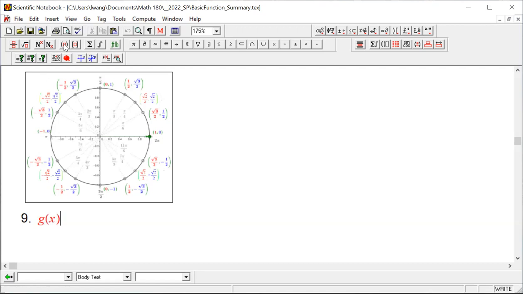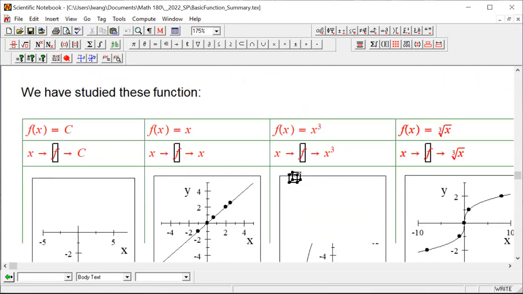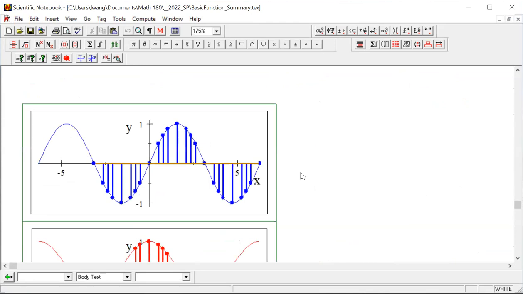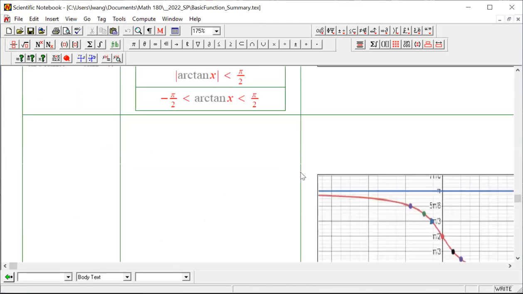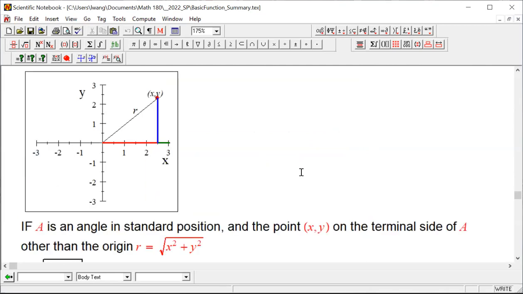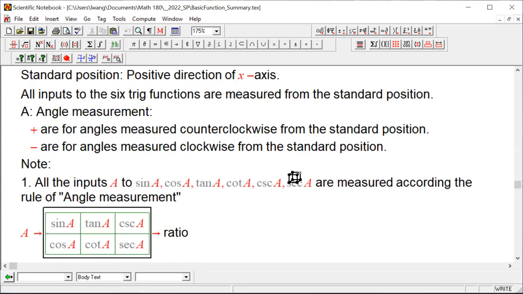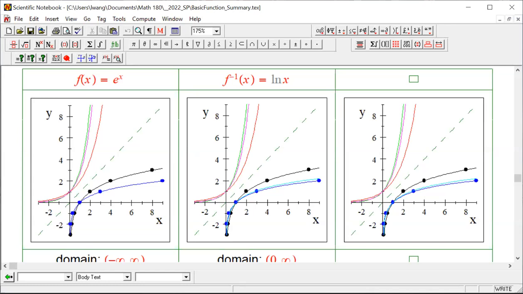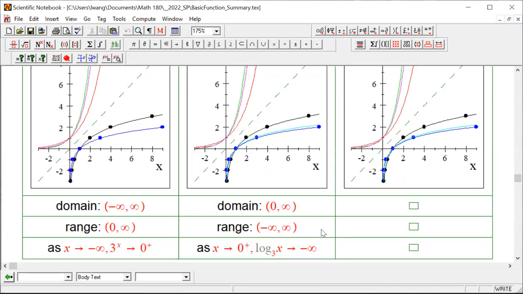G of x. This function is ln of (x minus 1), and minus 1 outside. What is the domain? This requires us to know the domain for the logarithm functions, which we studied and reviewed. ln x, domain and range.